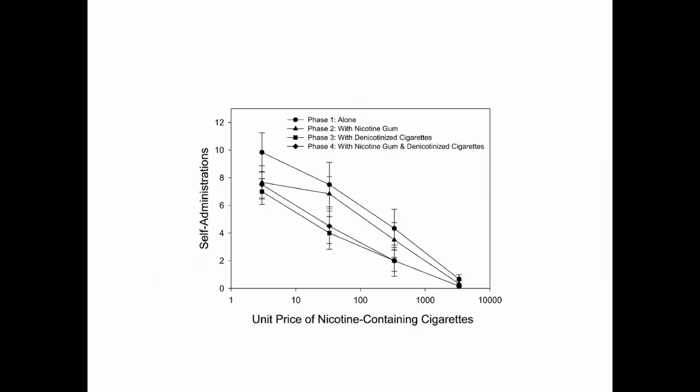In this same study, we looked at what I consider another aspect of behavioral economic substitution. That's asking the question, what does just the availability of one of these alternatives do to the consumption of the price manipulated reinforcer? In other words, in this case, how much does it potentially reduce self-administration of full nicotine cigarettes?